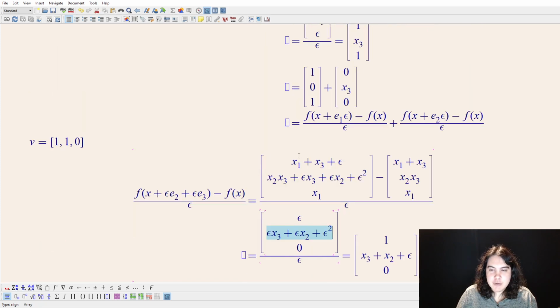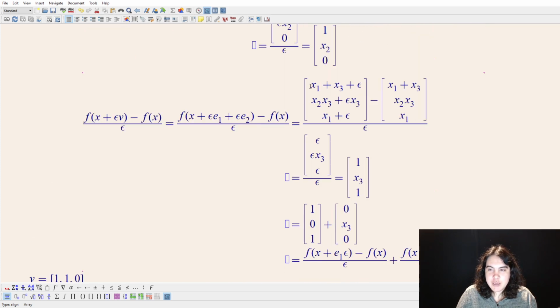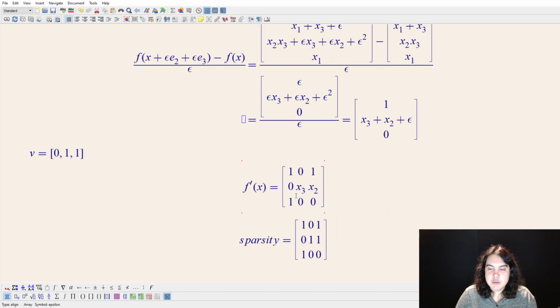And notice that you get an epsilon if x1 shows up in the equation, right? You have an epsilon if x1 shows up in this equation. Because of the sparsity pattern of the Jacobian, it has a non-zero here, that tells you x1 shows up here, which means if you perturb in the direction of e1, then you're also perturbing 1 in the direction of the first equation and 1 in the direction of the second equation.